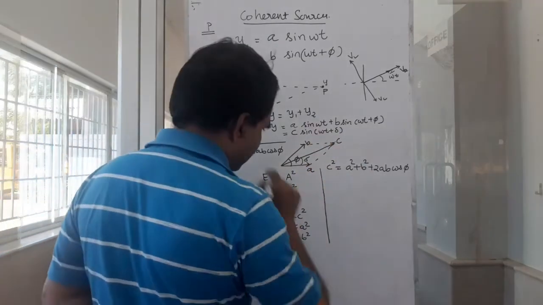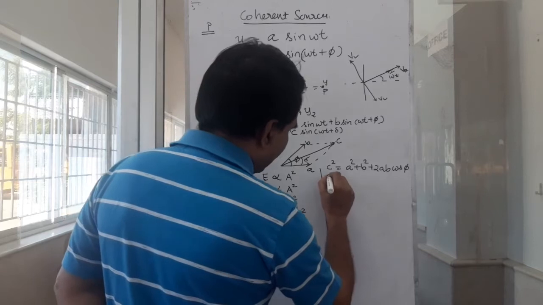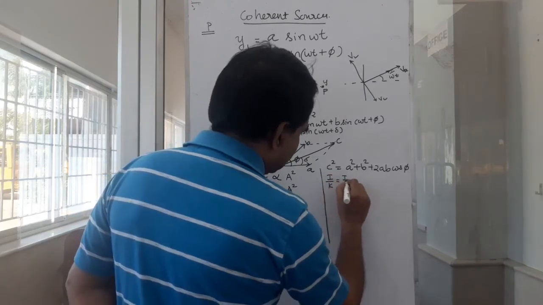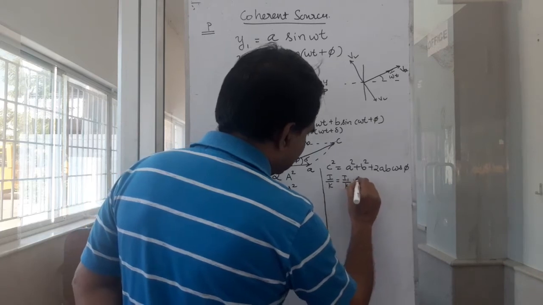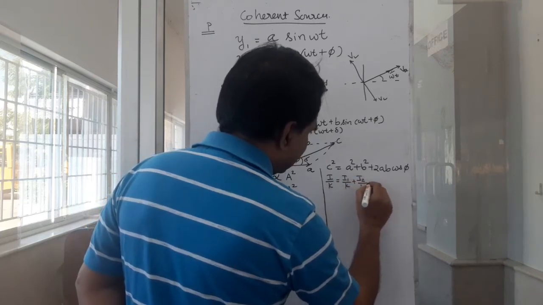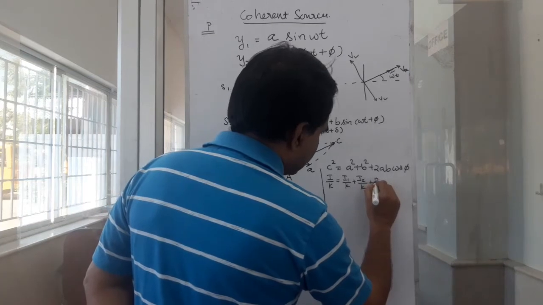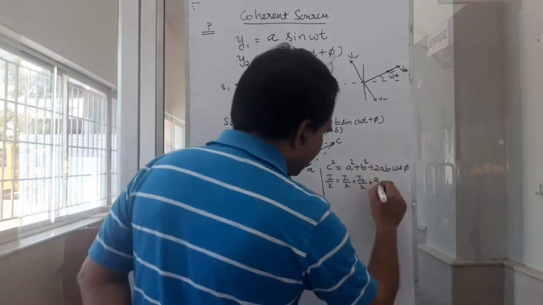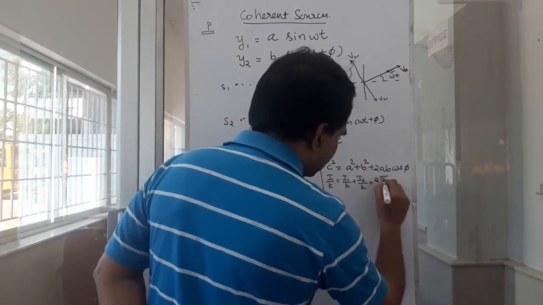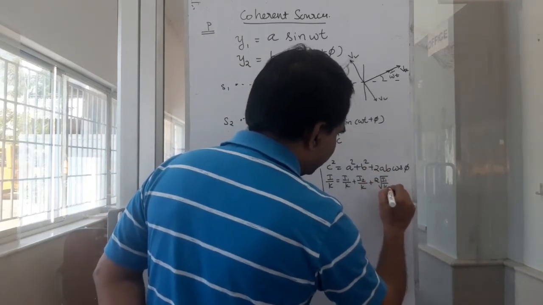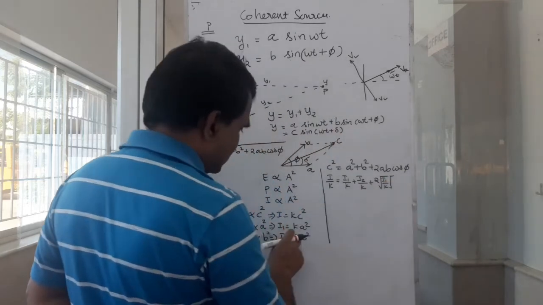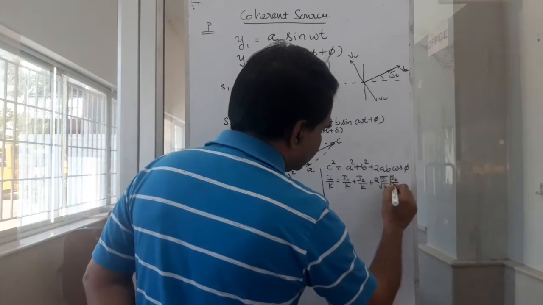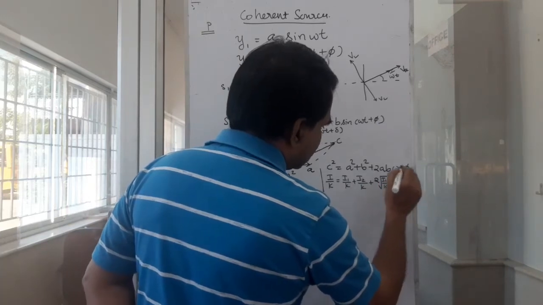So I'm going to use that here. So that gives me I by k is equal to I1 by k plus I2 by k plus 2 into, if A squared is I1 by k, then A will be square root of I1 by k, and B will be square root of I2 by k, and then cos phi.